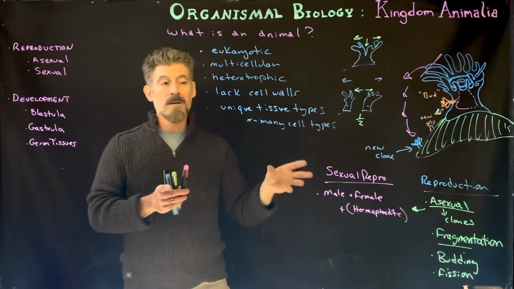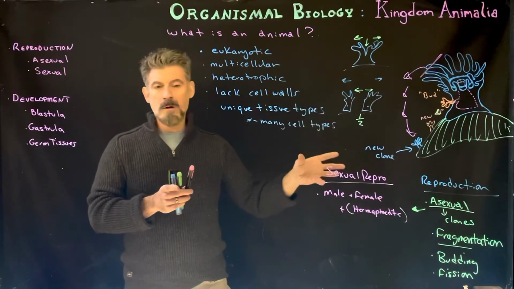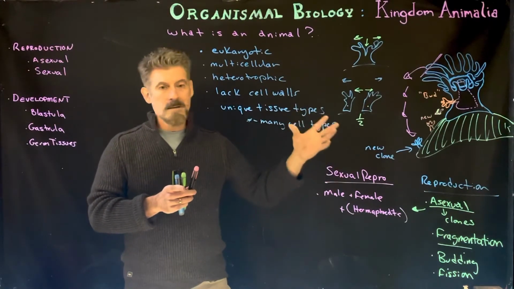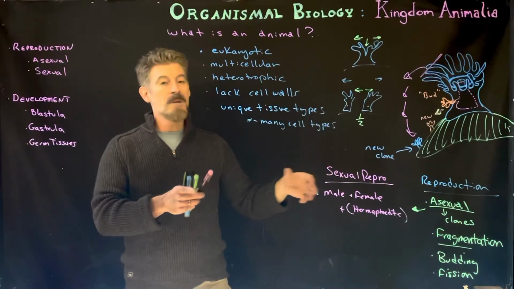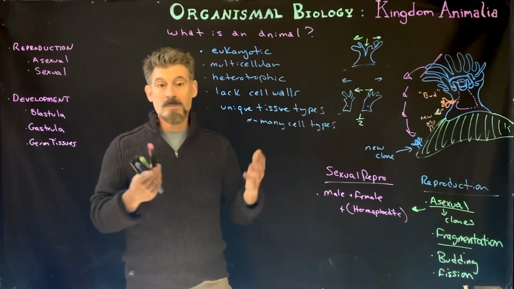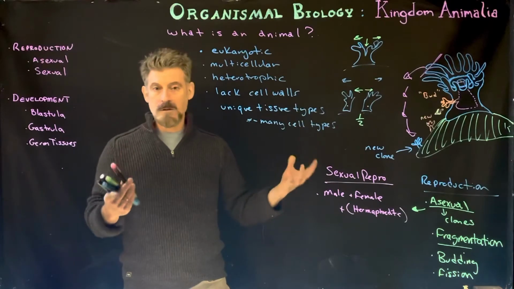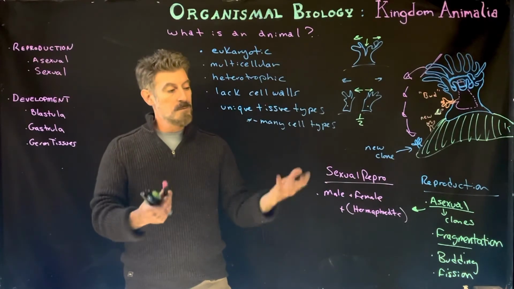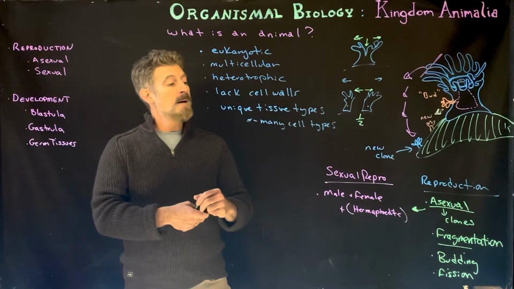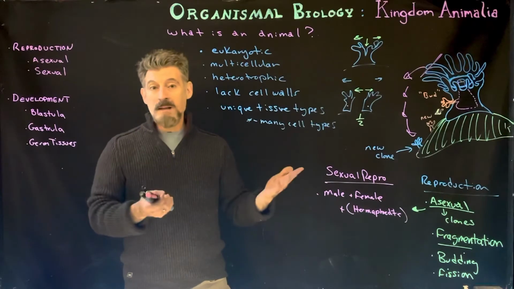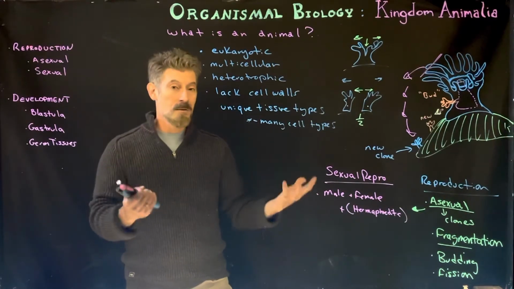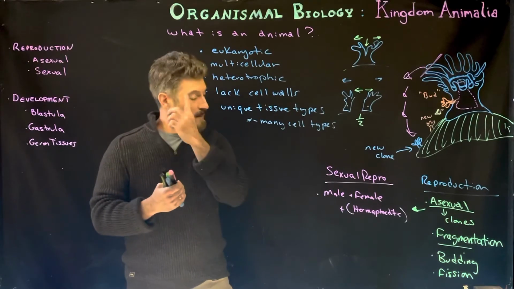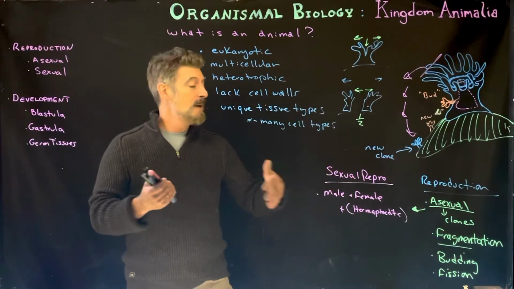And also the female, if they happen to hold on to the embryos and protect them during development, again, needs space for them to develop and often nutrients to give to the embryos. In addition, sometimes they won't feed during that particular time, so they have to have their own stored nutrients. So in many cases that's the case, but not always.